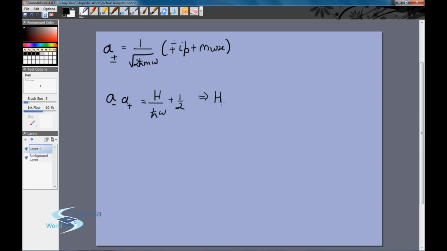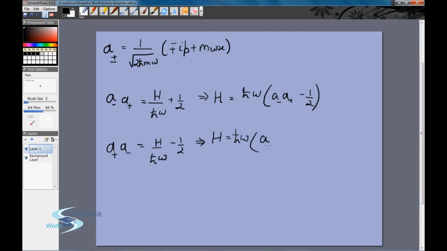From that, we can write the Hamiltonian as h omega times a minus a plus minus 1 by 2. Now you can do a plus a minus for yourself, and you'll see that it comes out to be the Hamiltonian by h omega minus 1 by 2, which means that the Hamiltonian can again be written as h omega times a plus a minus plus 1 by 2.